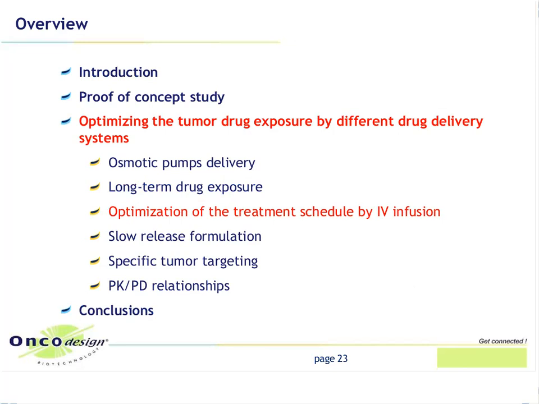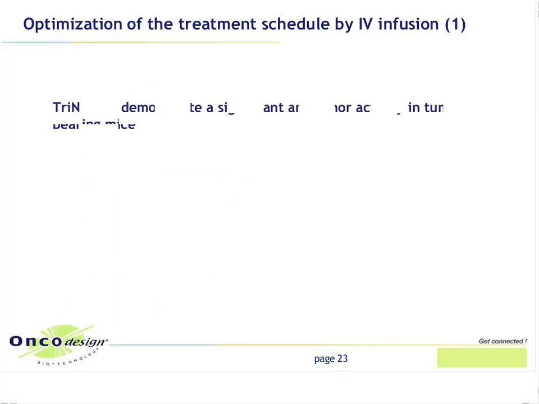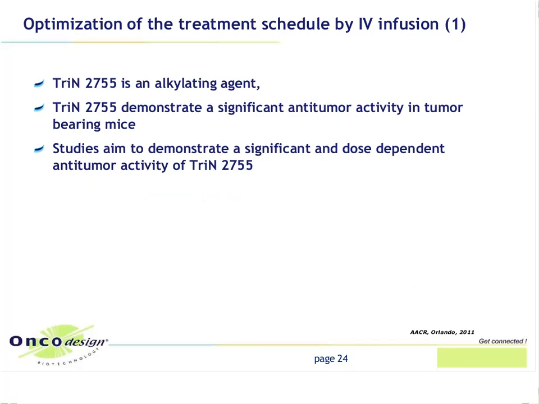The next example of tumor-bearing rat infused by drug was also done to optimize the treatment schedule of a drug. And here I speak about one drug named 3N2755, and the mechanism of action of the drug is alkylating proteins and nucleic acids.